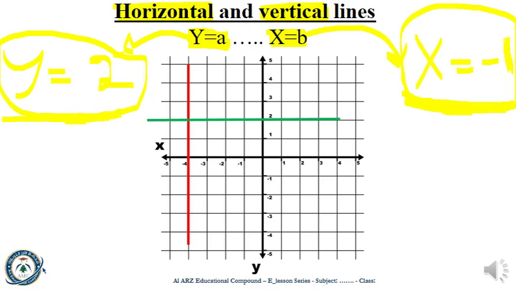Okay, so where did we know these forms of horizontal or vertical lines? Here are two examples of vertical and horizontal lines. The line in green, this one, is a horizontal line, right? So what is so special about this horizontal line?